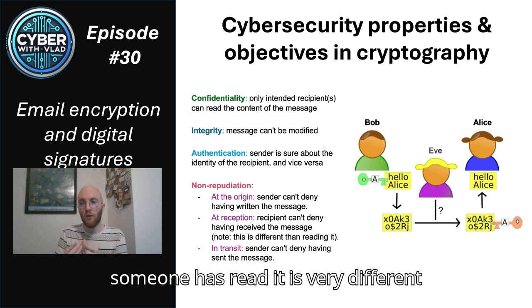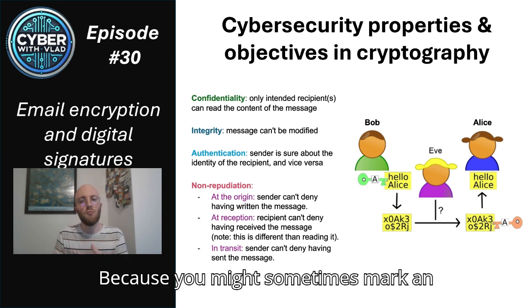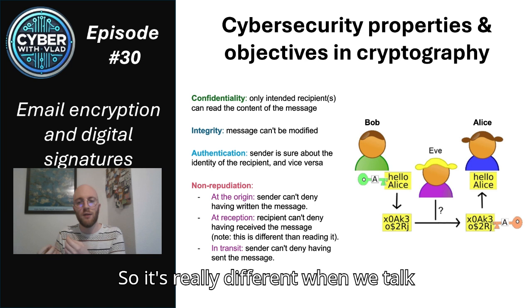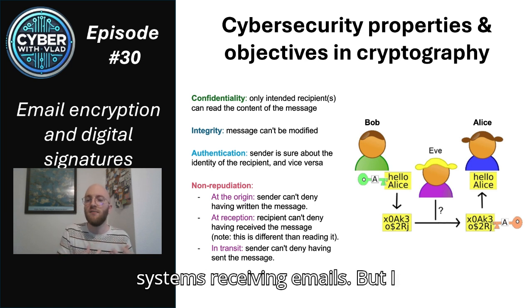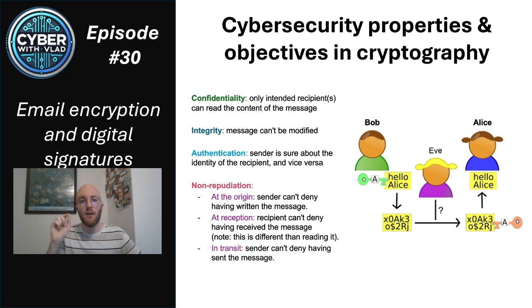So making sure that someone has read it is very different from making sure he has received it, because you might sometimes mark an element as read without even reading it. So it's really different when we talk about people reading emails than IT systems receiving emails. But I won't insist more on that. So today we will focus on the confidentiality, integrity, and authentication.